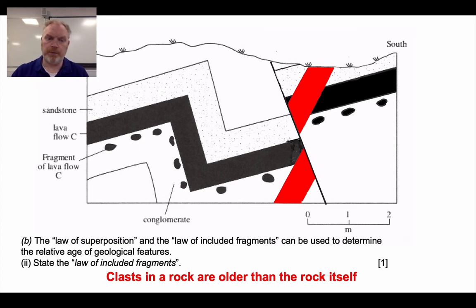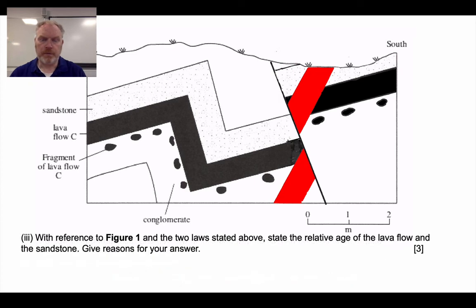Now, we're really here leading up to this main question. What's the relative age of the lava flow and the sandstone? Now, you'd expect, through the law of superposition, for the sandstone to be younger than the lava flow because it's above it in the sequence. However, we can see that we've got fragments of lava in that bed of conglomerate.